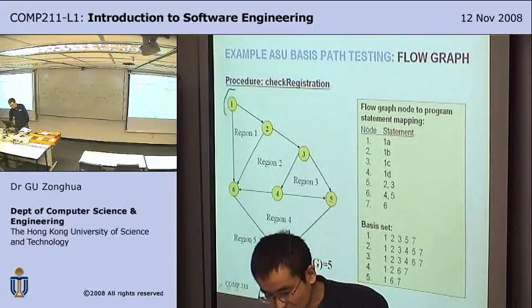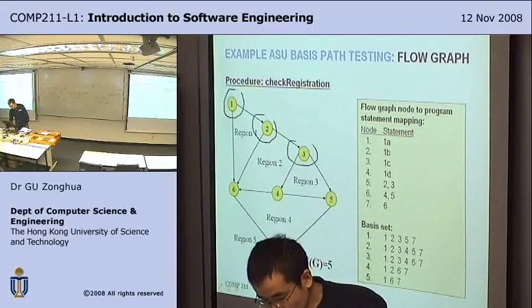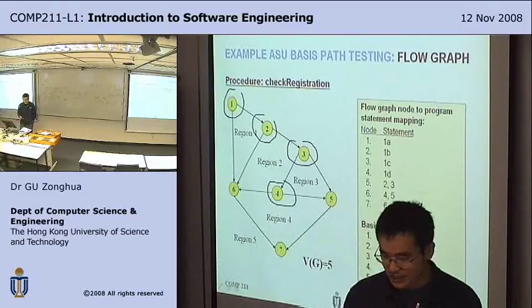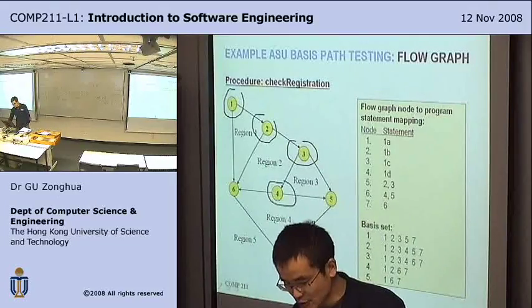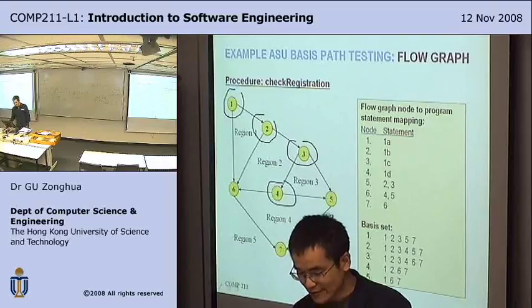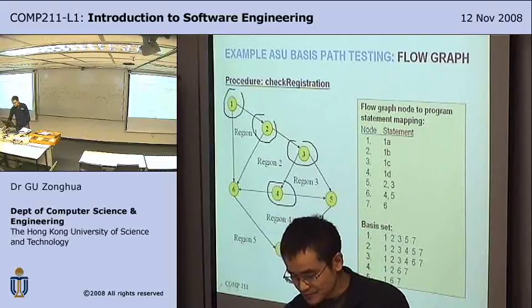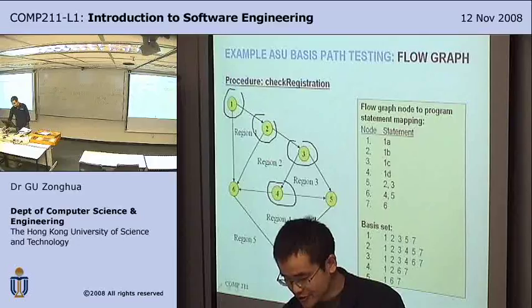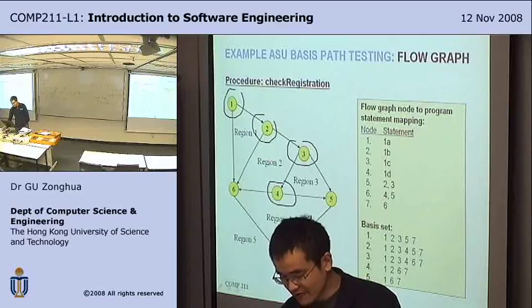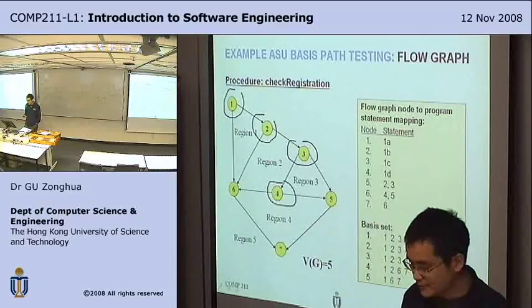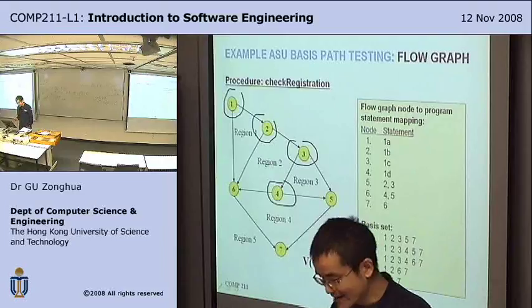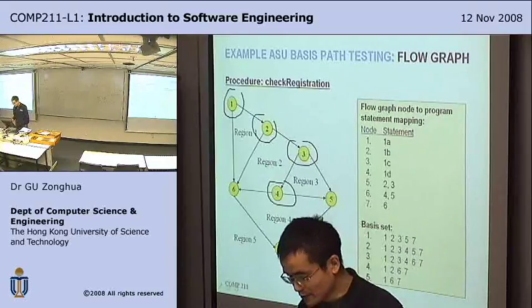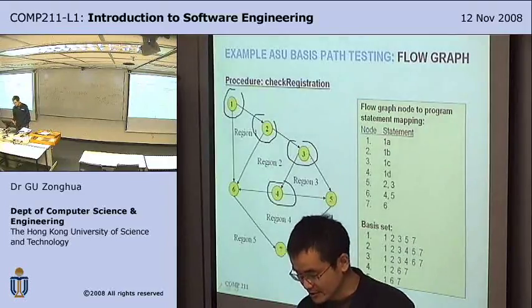So 1, 2, 3, and 4 are all conditional testing nodes because they have 2 outgoing branches. The others all have 1 single outgoing branch, and you should follow both of the branches at least once when you design the basis set.